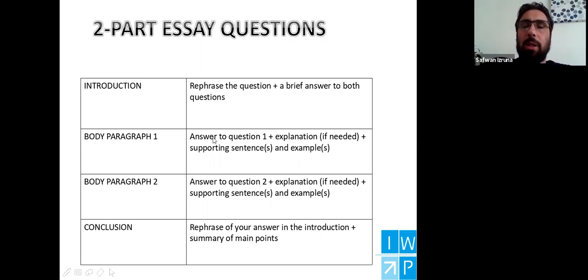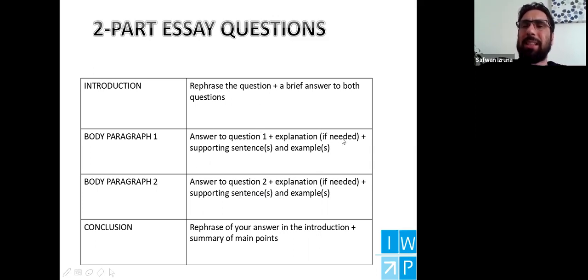Then in the first body paragraph, we're going to present the main idea, the main answer, and then we're going to explain it, give supporting ideas and examples. Okay. In body paragraph number 2, we will do the same thing for the second answer. Now, what's important is that each body paragraph always has one central idea.